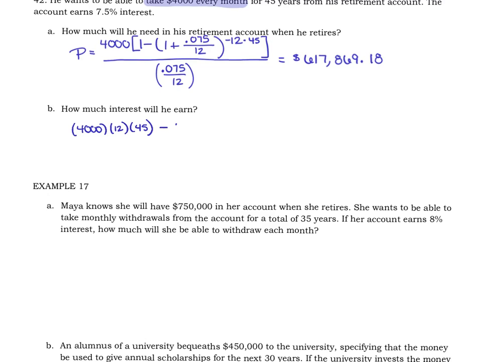And then if you subtract what he started with, that $617,869.18, you will find out that Joe is earning more than $1.5 million in interest after accumulating the $617,000 in his retirement account.